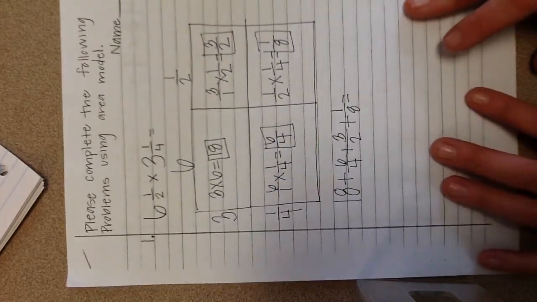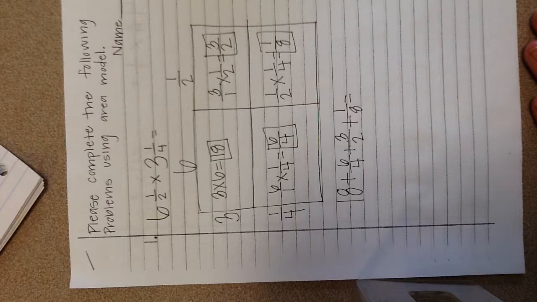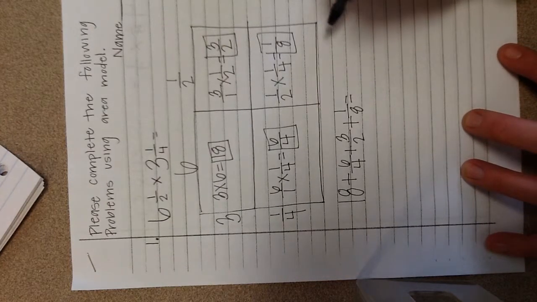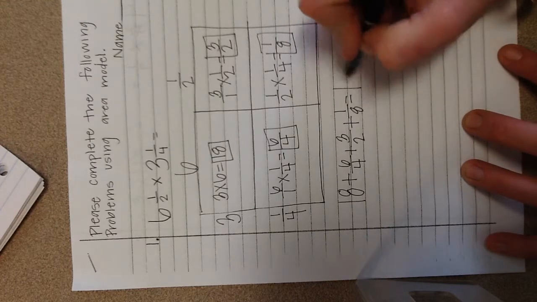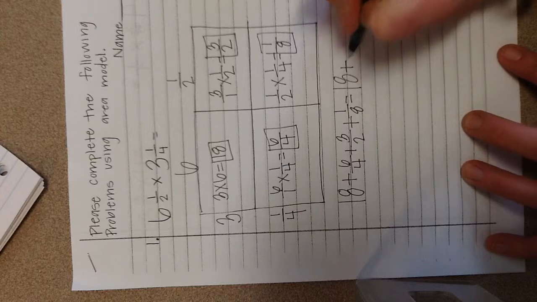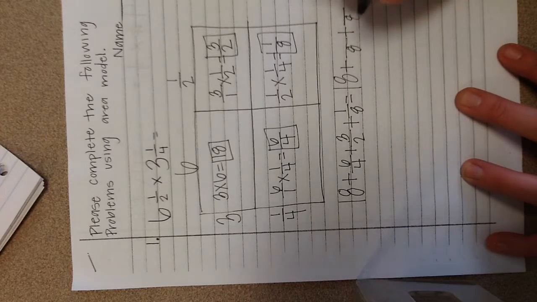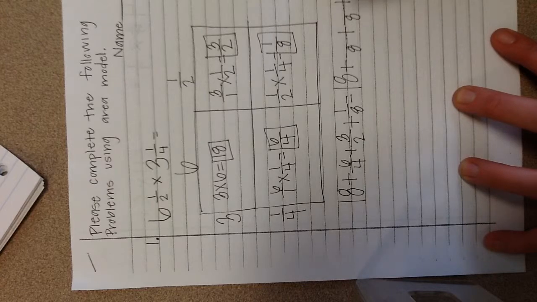So now what I'm going to do is I need to find common denominators. And I know my common denominator is going to be 8 because I always use what's in this box. So I'm going to have 18 plus something over 8 plus something over 8 plus 1/8.